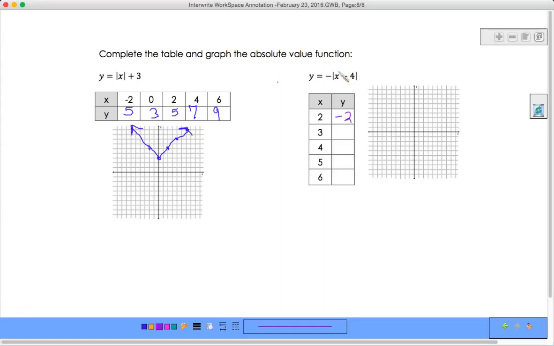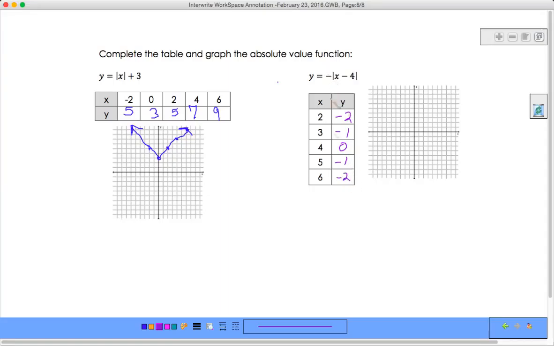The absolute value is 1. So negative 1 because of the negative outside. 4 minus 4 is 0. 5 minus 4 is 1. And there's a negative outside, so it's like times negative 1. 6 minus 4 is 2. And then the negative outside makes it negative 2.